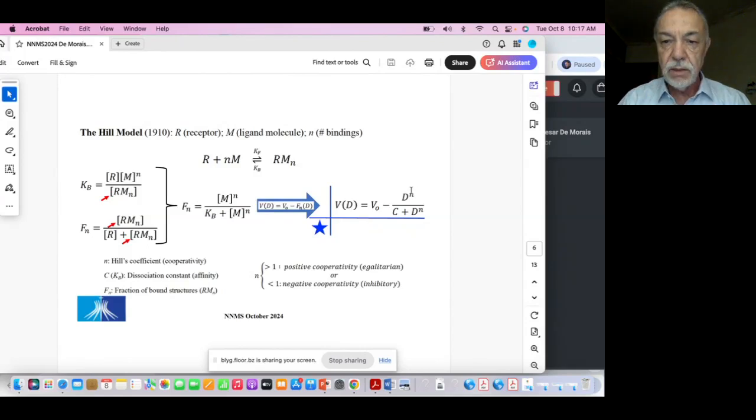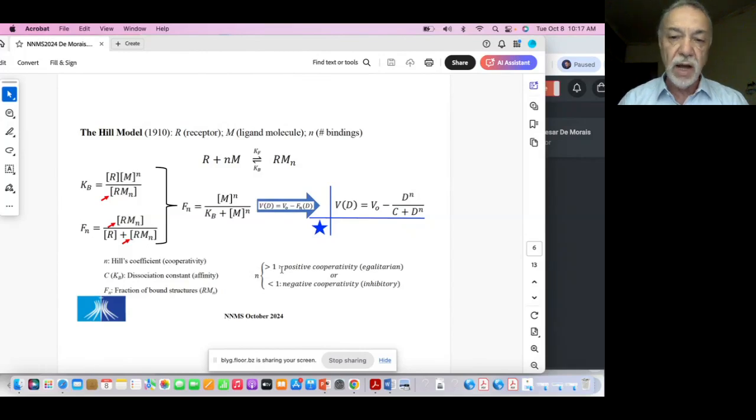Okay, we have two very important situations here, both related to the value of the Hill coefficient. If the Hill coefficient is over 1, we call this positive cooperativity. If it is lower than 1, we call it negative cooperativity. What does that mean in practice?